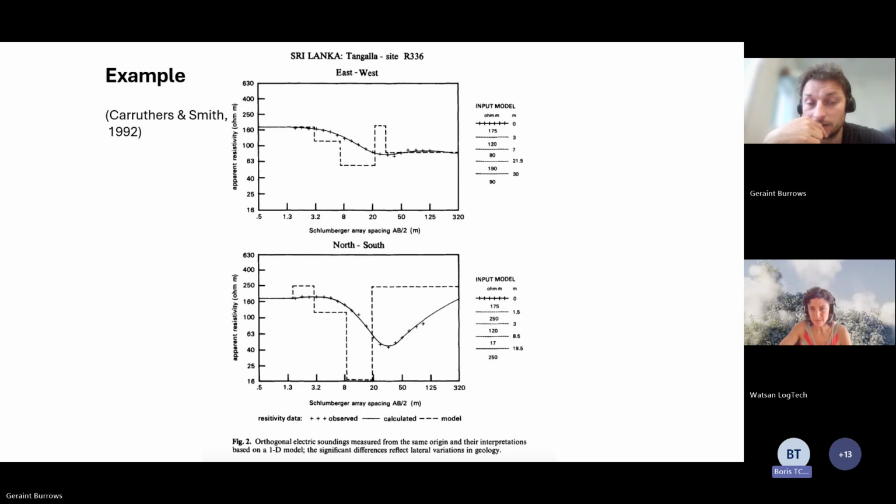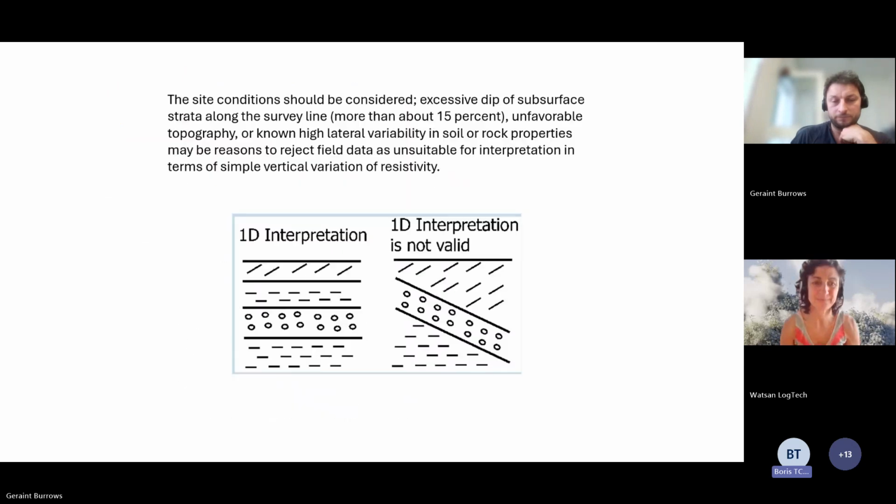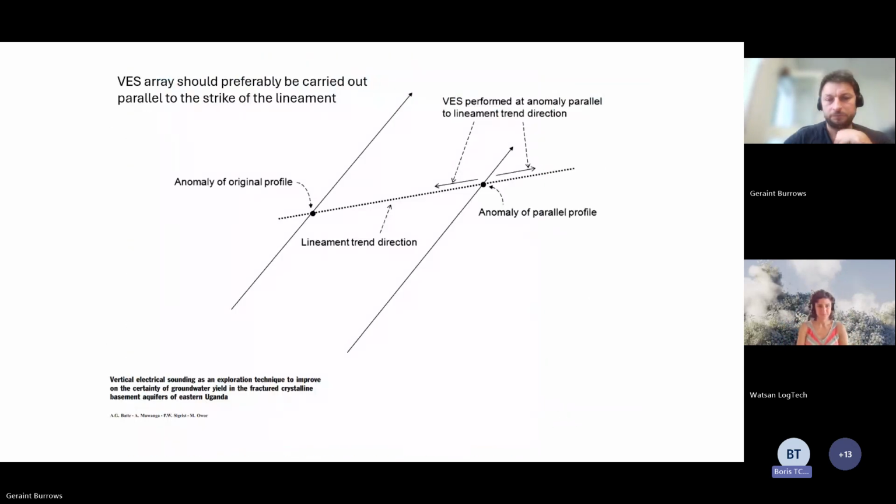Yes, I just wanted to know, practically on the field, how to know the right direction in which to put the electrodes. What I usually see on the field is that companies use baguettes to localize the fracture, and then they put the electrodes and move them perpendicularly.